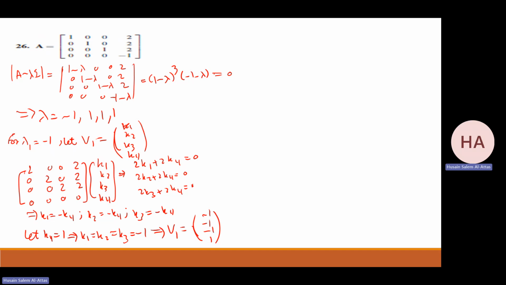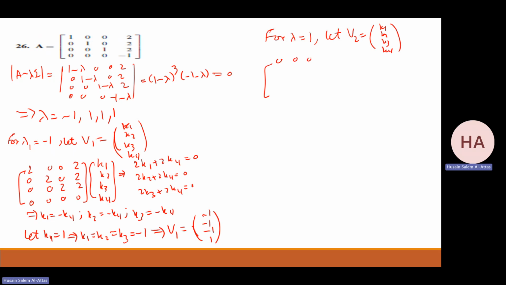Now we'll go to the next one. For lambda equals 1, I need 3 eigenvectors. Let me see whether I will get the eigenvectors or not. K1, K2, K3, K4. Solve the system.